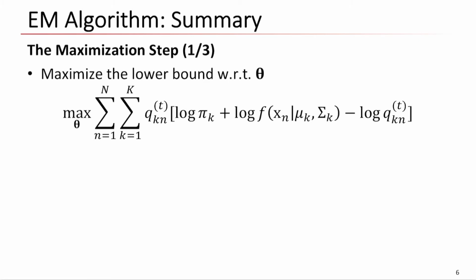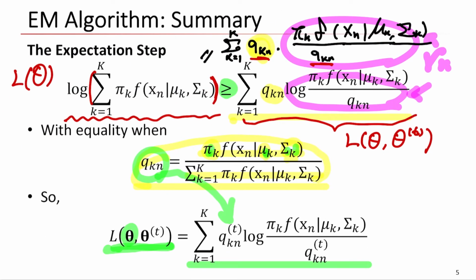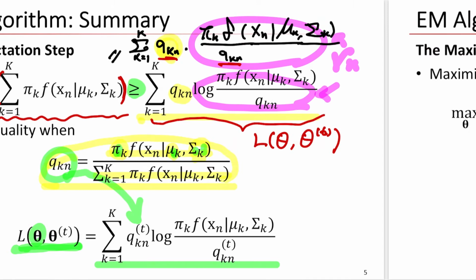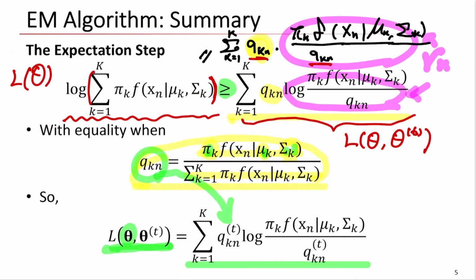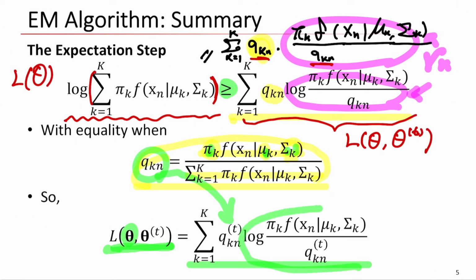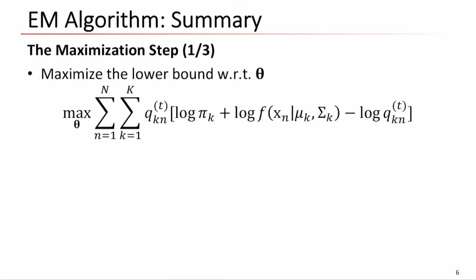Then let's find out how we can solve this loss function. So first of all, this term can be decomposed from now on, right? The summation over QKN here, and the previous term can be decomposed into three kinds of terms, right?